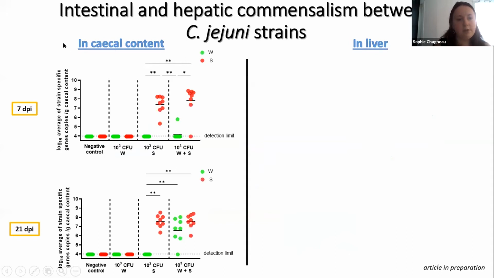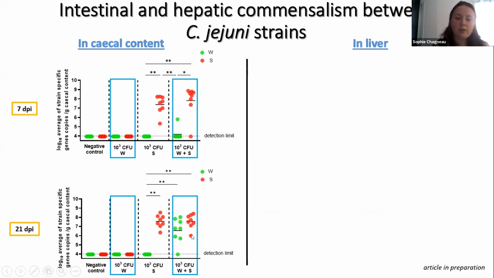So in the first room, in cecal content, we observed at 7 dpi and 21 dpi by bacterial culture and by qPCR that the W strain didn't colonize birds, unlike S strain and both strains. And in birds infected by both strains, we observed that S strain was more abundant at 7 dpi. And in the same group at 21 dpi, we observed an increase of the W strain close to the S strain.